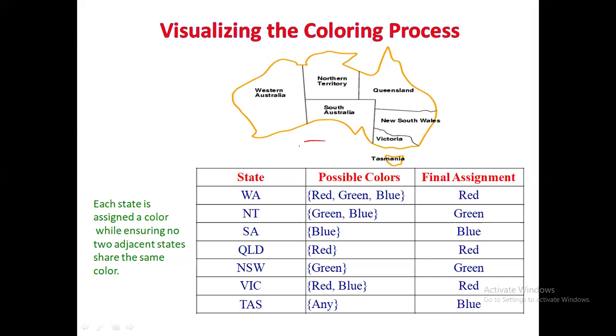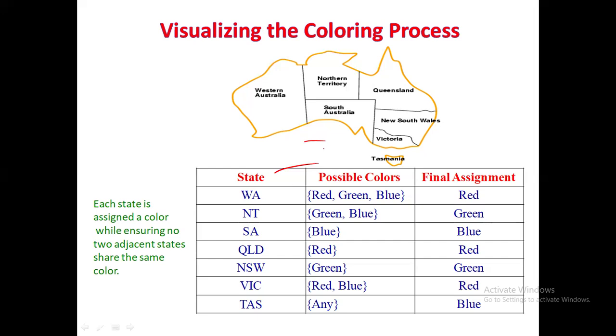The process of assigning colors to the states of Australia follows a structured approach, ensuring that no two adjacent states share the same color. This table shows the possible colors for each state at each step, and the final assignments will be based on the adjacency constraints.